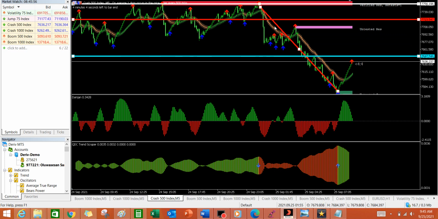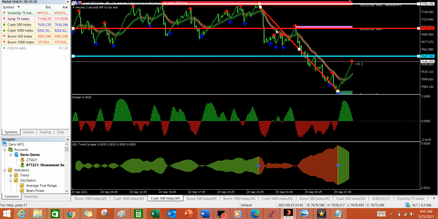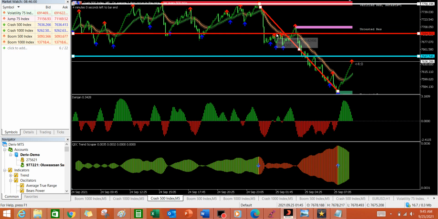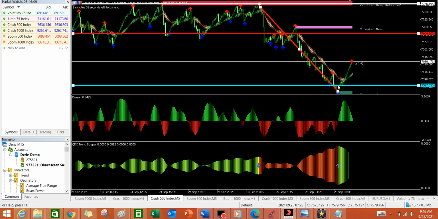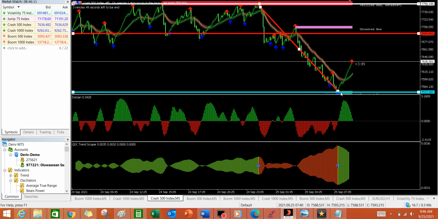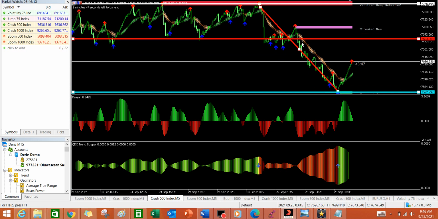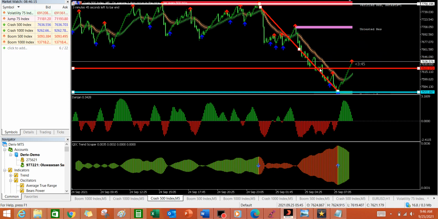It got to this level, which means we can also adjust our stop loss to somewhere here to increase the profit margin which we are locking out of the market. So if this should go down the way it did, then we should adjust our stop loss to somewhere here.